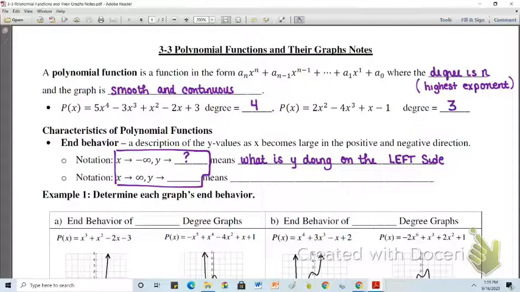Okay, and then the other half of the end behavior notation is as x goes to infinity, y goes to, and again that'll either be a number or the infinity sign. And what we ask ourselves is, what is y doing on the right side?